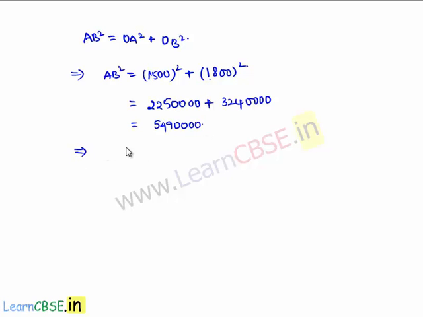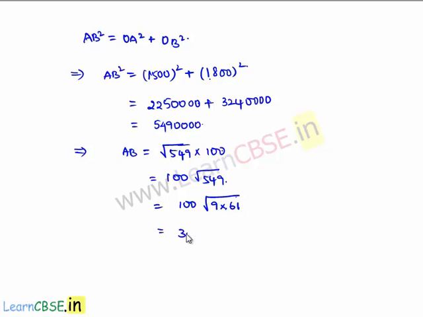Now finding the value of AB, we get root of 549 into 100. So that is nothing but 100 root 549. On further simplification we get 100 into, if we take 9 common here, 9 into 61, that is equal to 300 root 61.